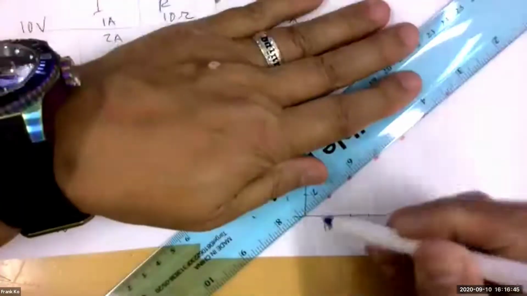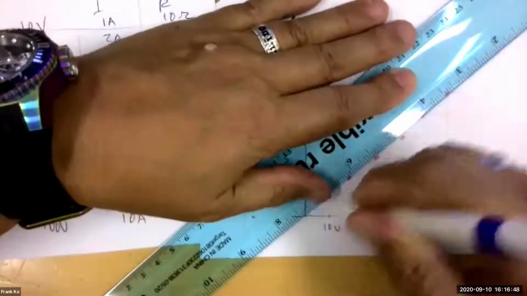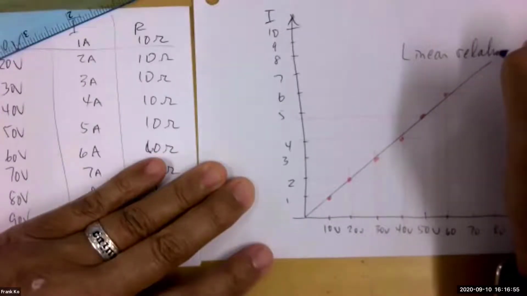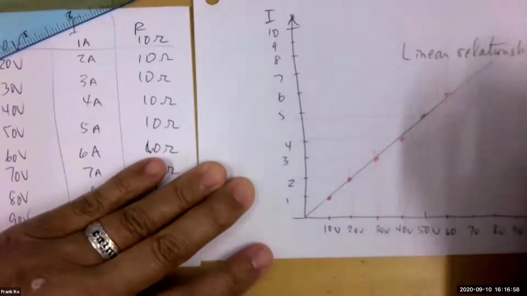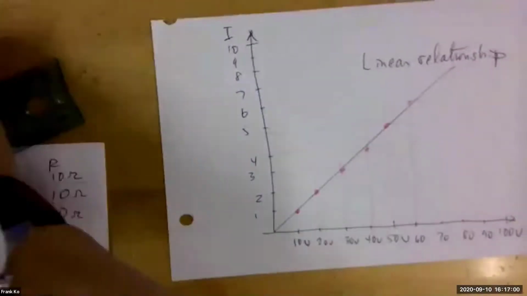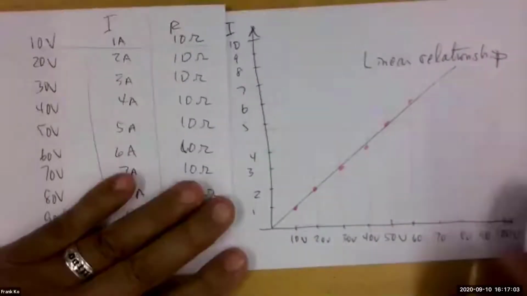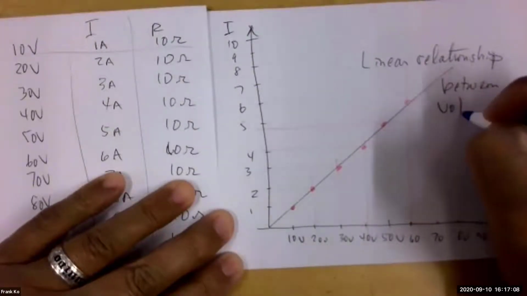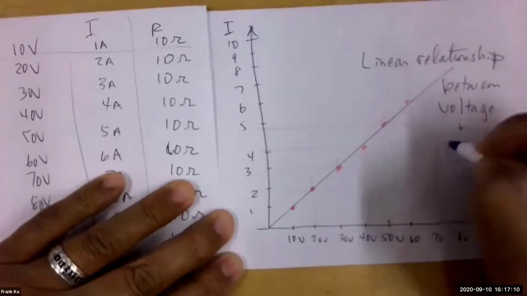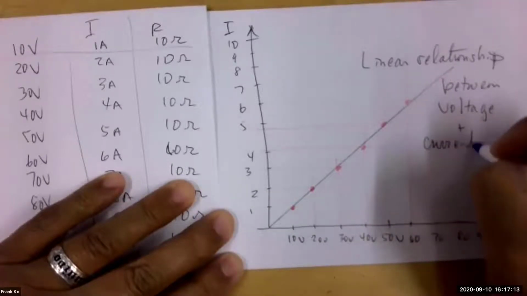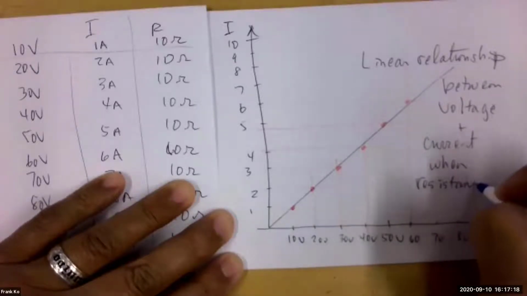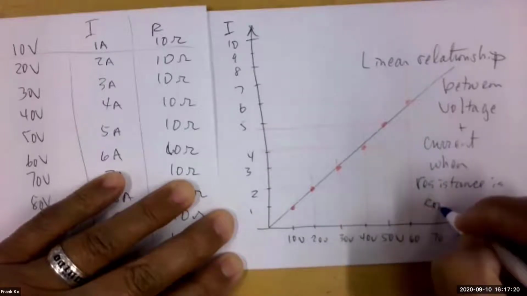Do you see what is called pretty much a linear relationship that occurs between voltage and current when resistance is constant.